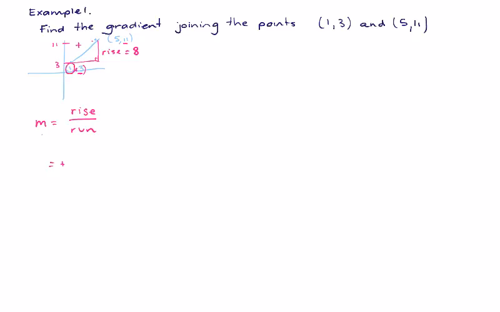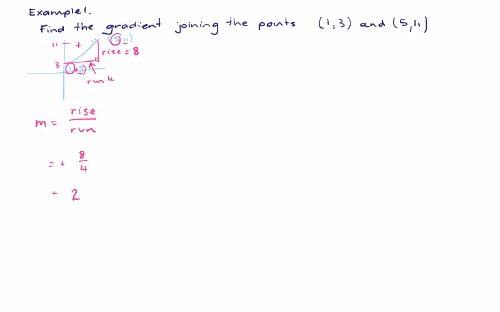Similarly, the run, we go from x is 1 to x is 5, so that run is 4. So we've got positive 8 over 4, and you always have to simplify your answers.